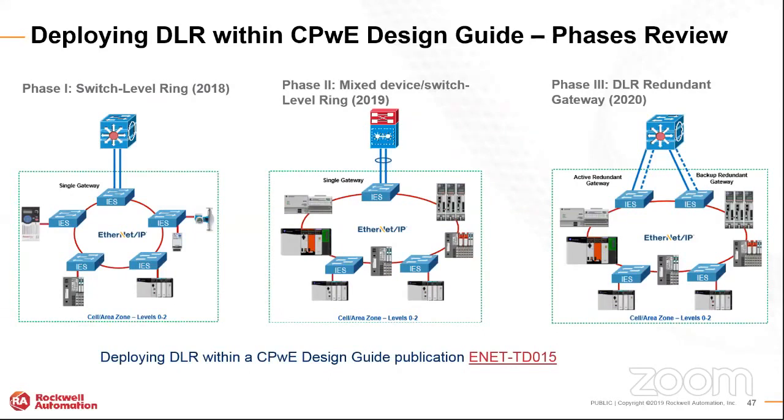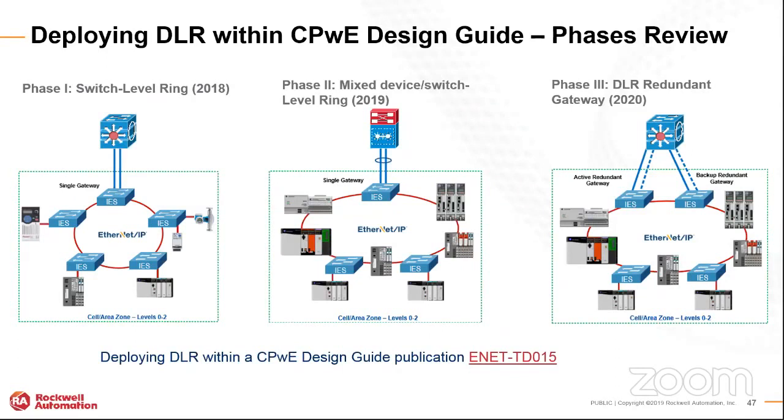Then last year, phase 2 came out, a mixed ring where you had switches and devices themselves in the ring. And just in the last month, phase 3 was tested, validated and released, and that is now bringing a redundant gateway into the ring. We'll look at the architectures here real quick.